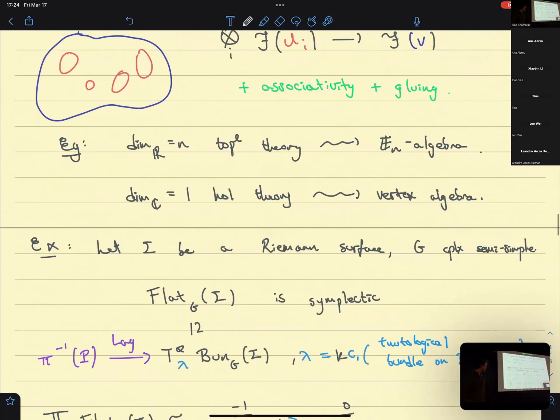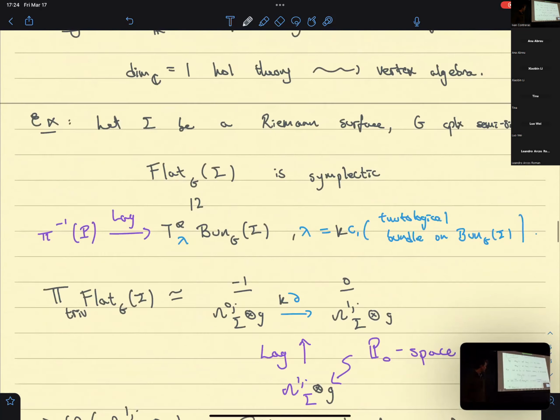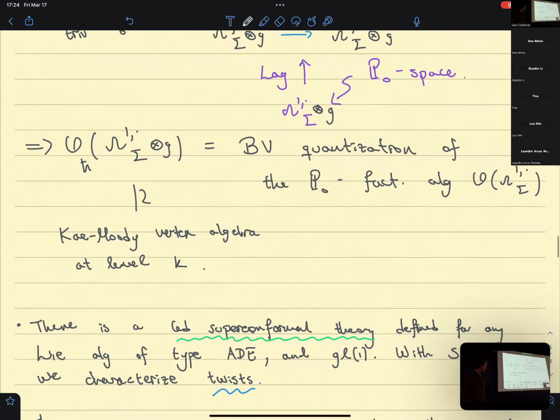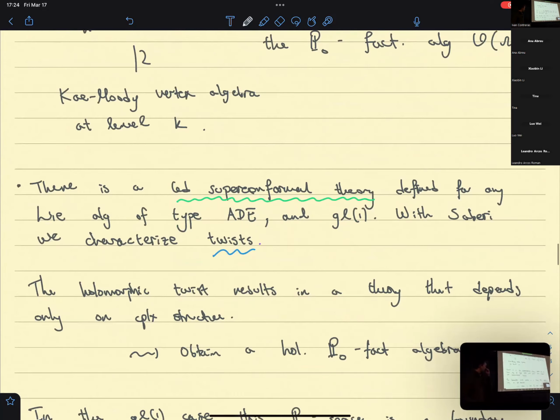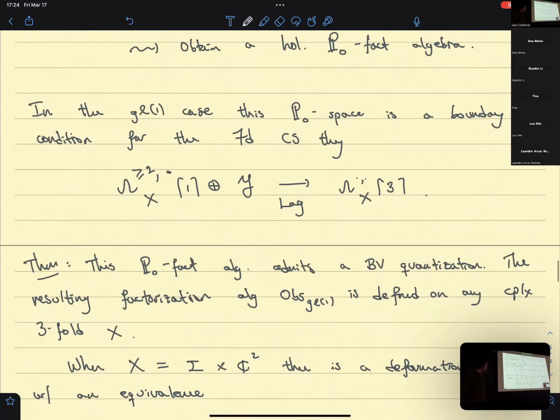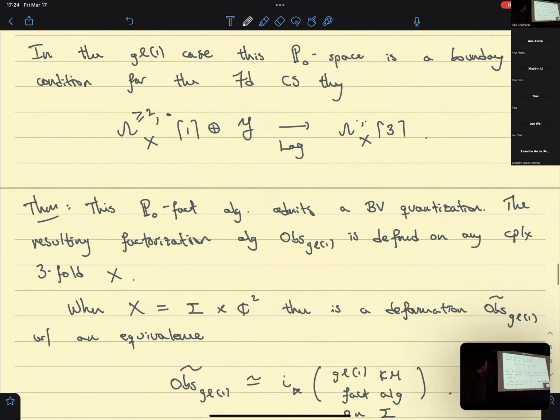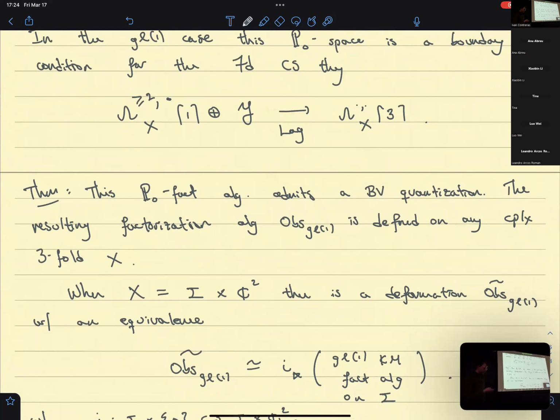So let me say maybe my main result. There's a sense then in which I can study quantizations of this object here. So this P0 algebra that I just wrote down associated to this 6d theory, the claim is that it admits a BV quantization in a very similar way to this quantization of the shifted version of the Kostant-Kirillov structure.